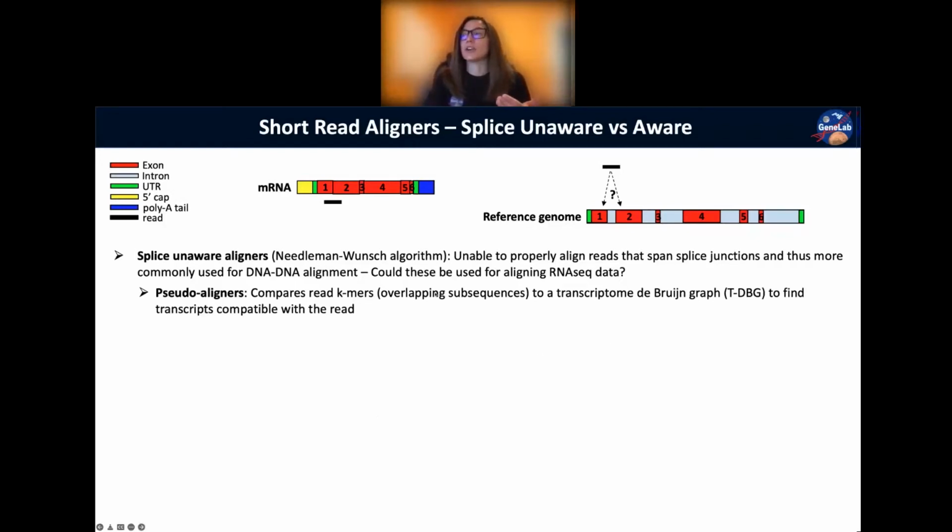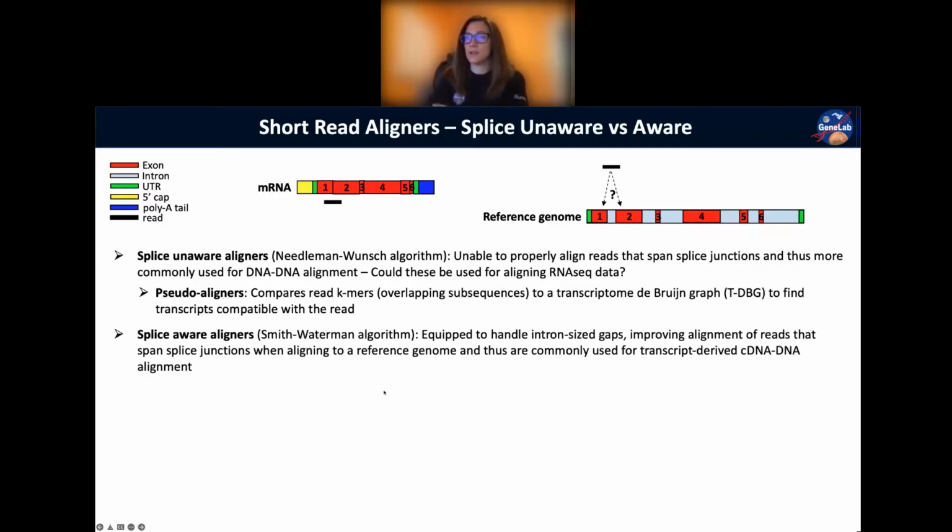The only way that they could be used for RNA-seq data, again, is if you're aligning back to a transcriptome, and there are always caveats of mapping back to a transcriptome, depending on how good and comprehensive that transcriptome reference is that you're working with. Although there are some pseudo-aligners that do this and do a pretty good job, especially for higher expressing transcripts.